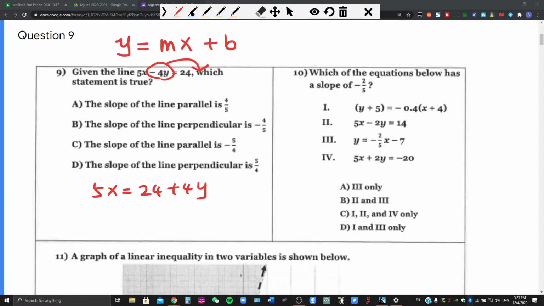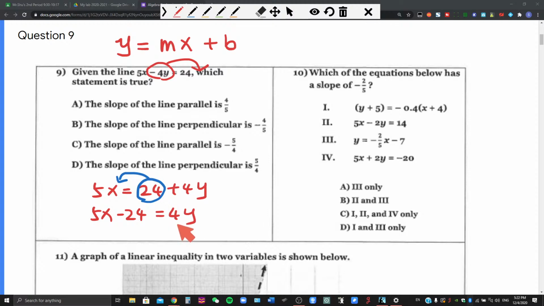Now, we want to move this to the other side because numbers and x on one side, y on the other side. So when you move this, this will become a negative 24. 5x subtract 24 equals 4y. And lastly, we have to make sure that this y is just a 1y. There should not be anything in front of y.